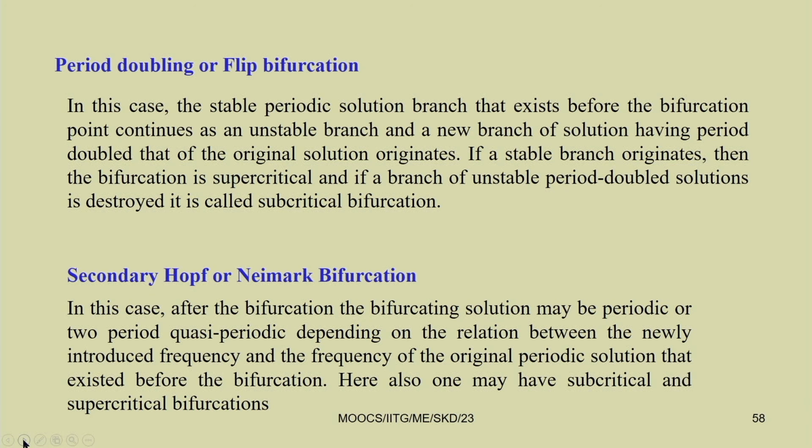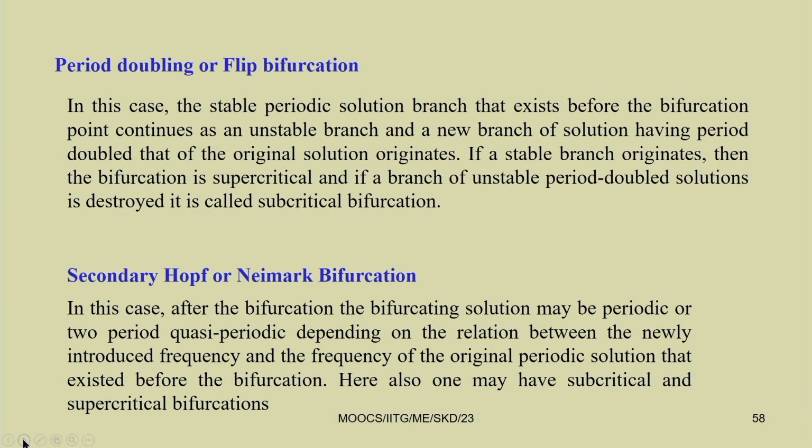If a stable branch originates, the bifurcation is supercritical, and if an unstable period doubled solution is destroyed, it is called subcritical bifurcation.